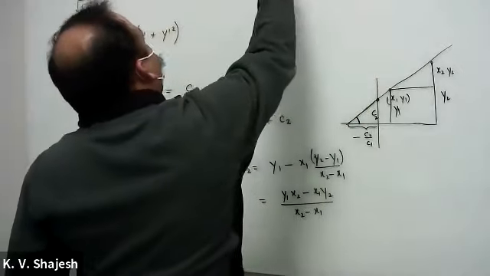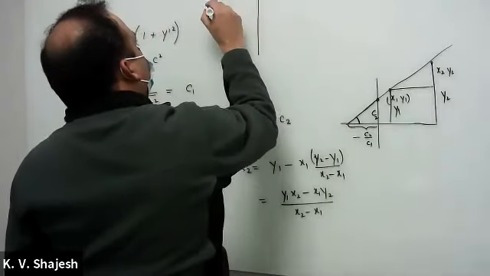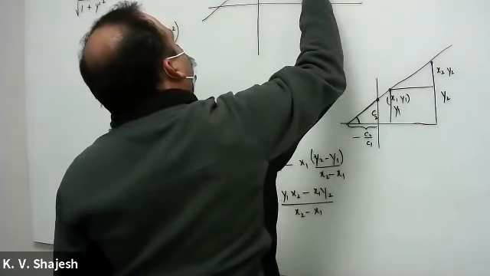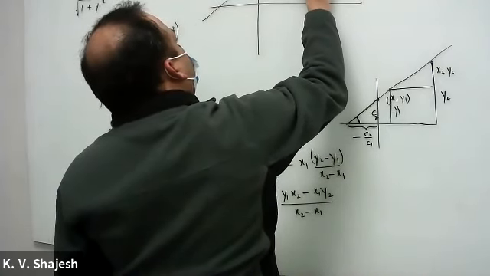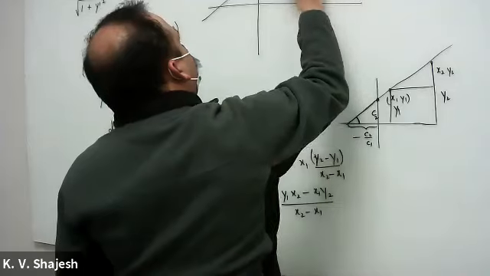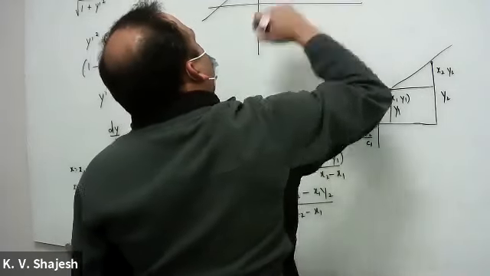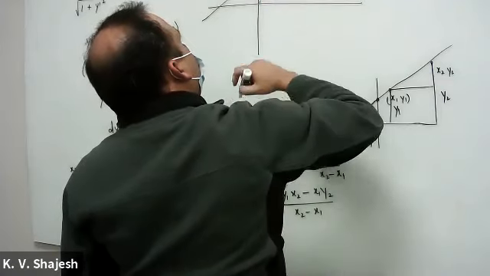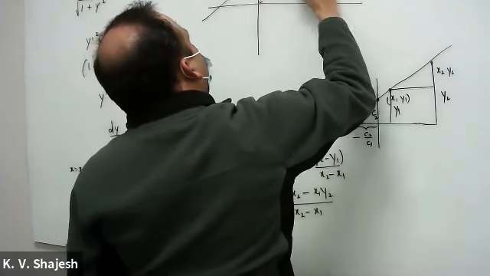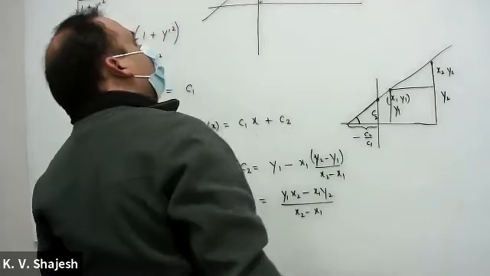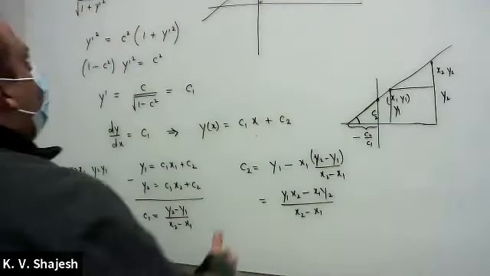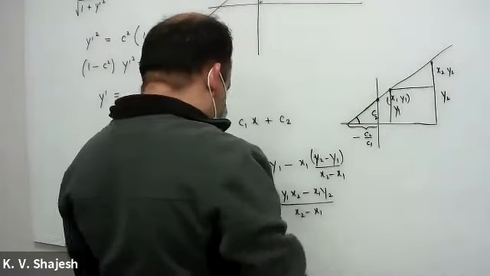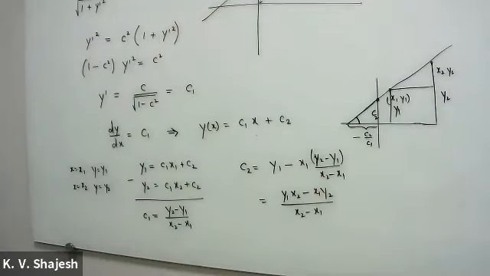Let's see. This is your x1, y1, and x2, y2 is here. So the area of this parallelogram apparently is your y1 x2 minus x1 y2.